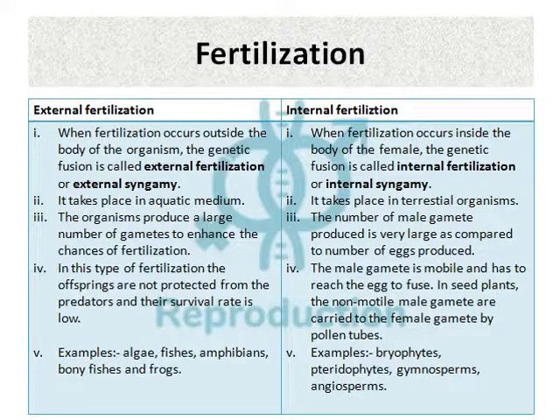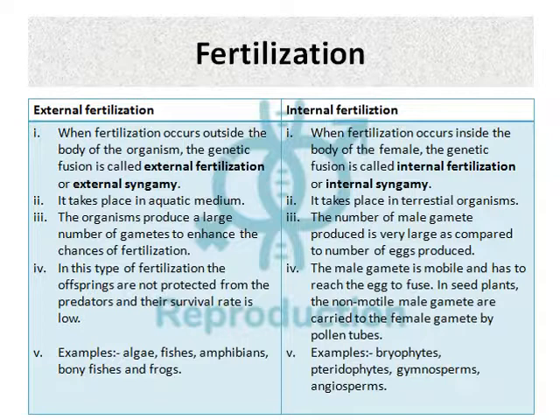If they are in less number, then it's not sure that they will fertilize, because in water they may get drifted from each other, they may move away, so they will not get fertilized. So they are produced in so large a number that at least some of the gametes will fertilize with each other.